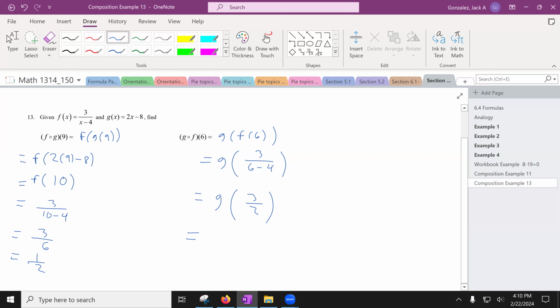Now we go to the g. What does g do again? So it's negative 2, parentheses, 3 over 2, minus 8. Do your algebra and your fraction stuff. These twos cancel. 3 minus 8, negative 5, right? Yes, sir.